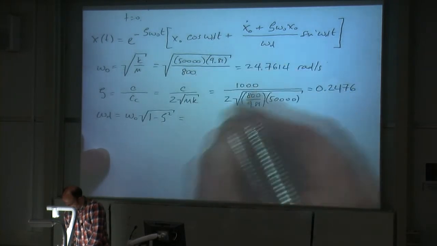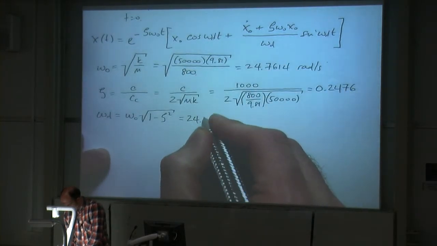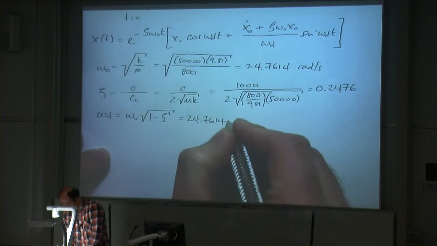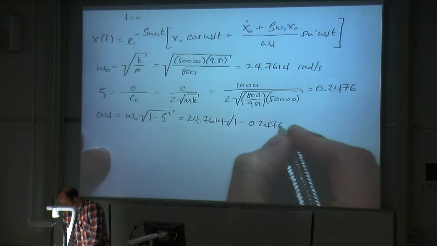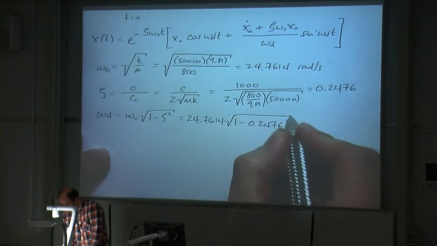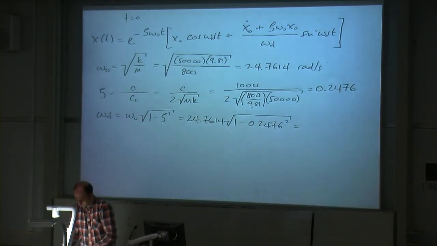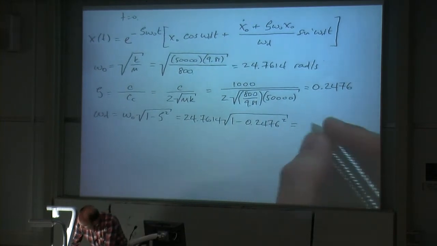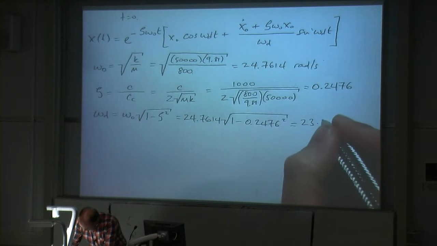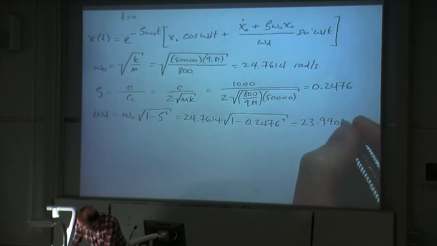We've got omega naught, we've got zeta, so we can plug in the numbers. 24.7614 square root of 1 minus 0.2476 squared. After you do the sums here, you get 23.9903 radians per second.